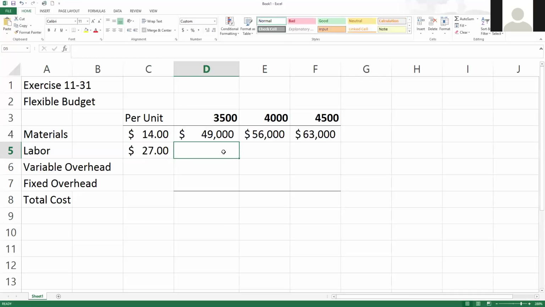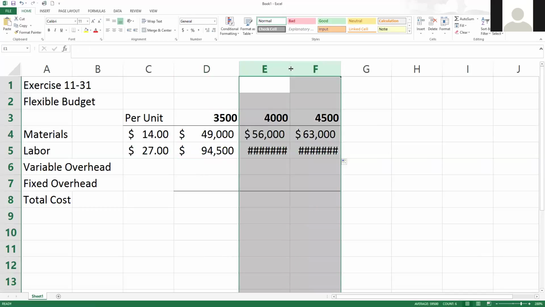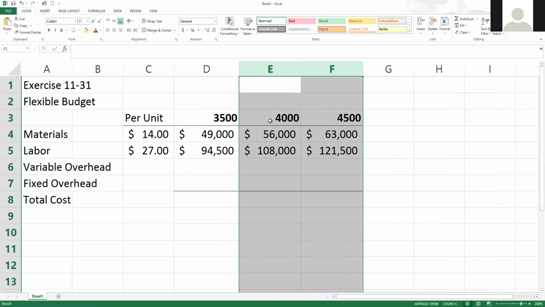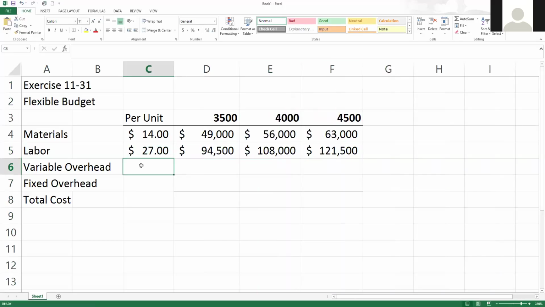So we're going to do pretty much the same thing. Number of products times $27, and because I want it to always times by $27, put those little dollar signs in there and drag it across. Go. Variable overhead, same pattern. 1.5 hours times $1.20 an hour.